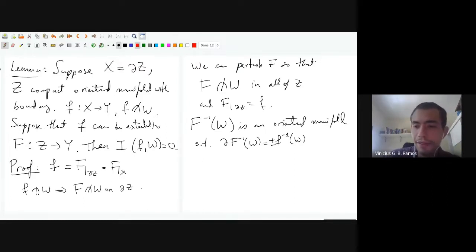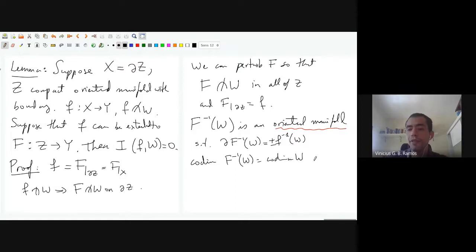We just look at the dimension count. The codimension of this is equal to the codimension of W, which is the dimension of X, and the dimension of X is the dimension of Z minus 1.